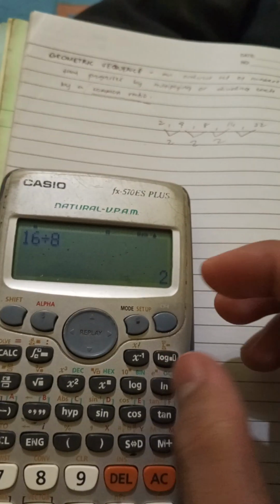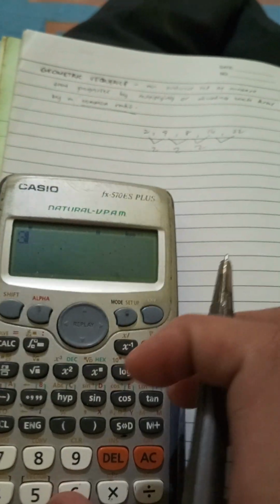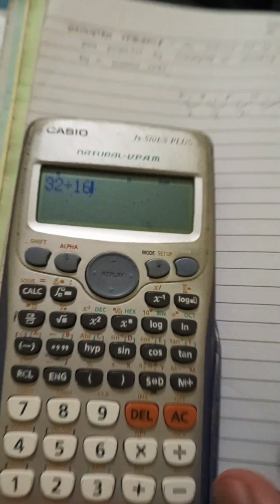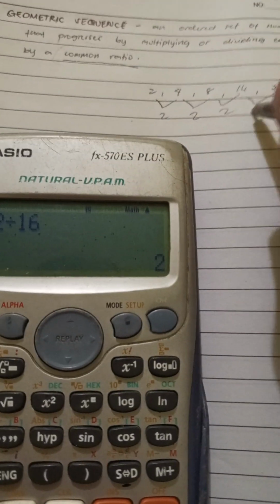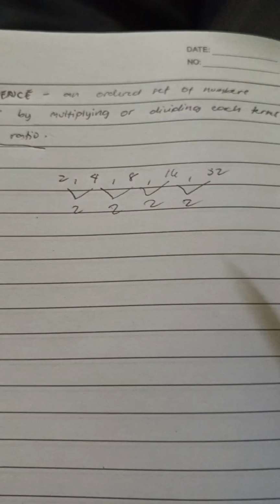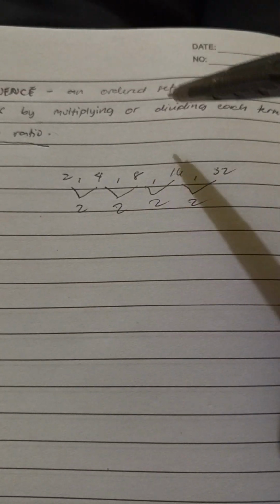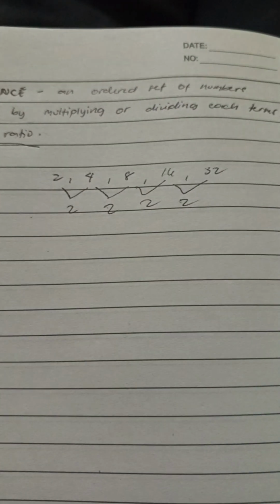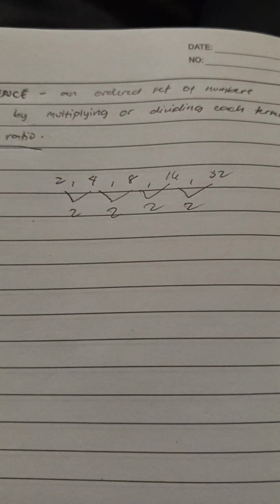And lastly, 32 divided by 16 is 2. So therefore, each pair of numbers in this sequence has a common ratio.